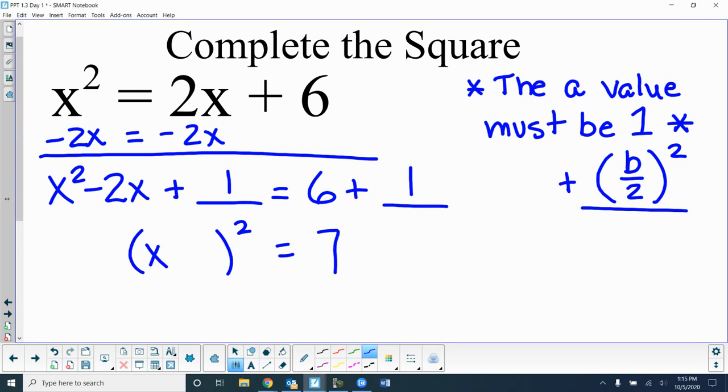So in this problem, minus. And then you take the square root of the number you just wrote down in the blank. What's the square root of 1? 1. If that was a 25, then this would be a 5. So then it looks like the one we just got done doing, right? What do I do to both sides? Square root it, right?